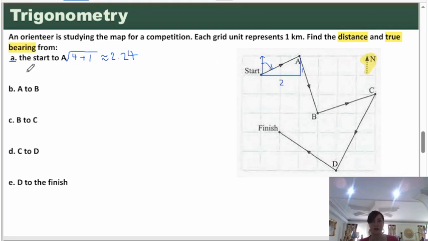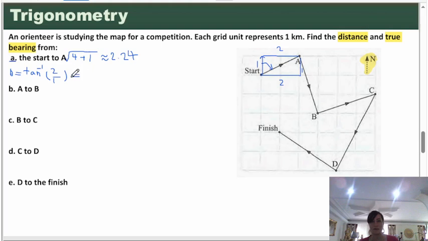So for bearing, for this angle, if this side is 2, this side is 1, so theta is inverse tangent of opposite over adjacent side. So opposite side is 2, adjacent side is 1.